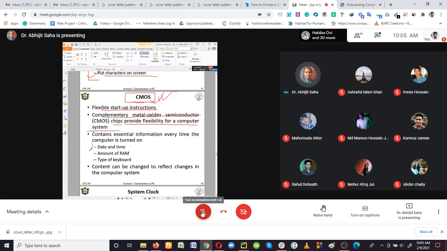I already said in our lab class that it contains essential information when you turn on the computer system, like the date and time, which is always correct because of the CMOS, the amount of RAM you have in your computer system, and the type of keyboard you have in the computer system. So this is actually stored by the CMOS.